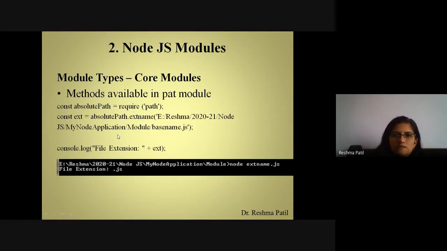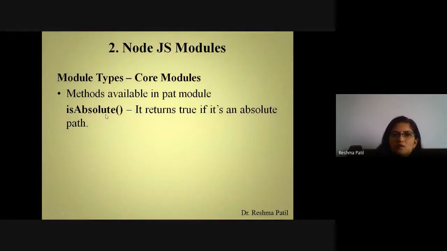Now next is absolute. What is an absolute path? Absolute path means your path should have a drive. For example, if it is located on the C drive, then C colon slash, after that your folder name, again if another folder is there, that folder name, and your file name.